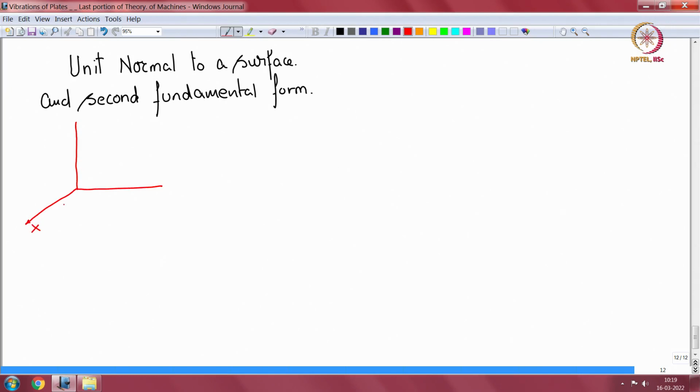This is X, this is Y, this is Z, and let's say I have alpha 1, alpha 2 and alpha 3, and at some point I have the descriptor vector R of alpha 1, alpha 2.